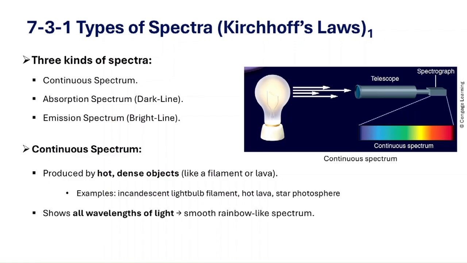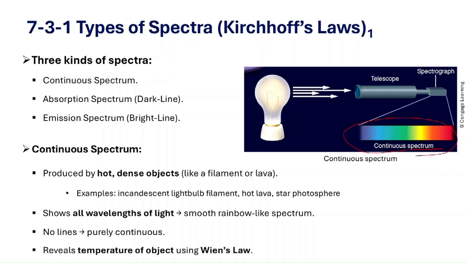So when that light is passed through a prism or diffraction grating, we see a smooth rainbow from red to violet. There are no gaps or missing pieces, just one continuous band of color. And this is what makes it unique. There are no dark absorption lines or bright emission lines interrupting it, just an unbroken rainbow of light.